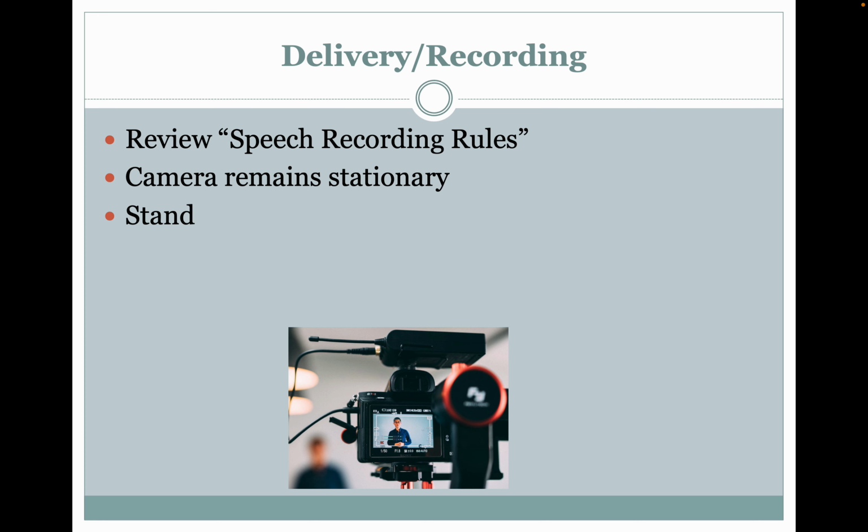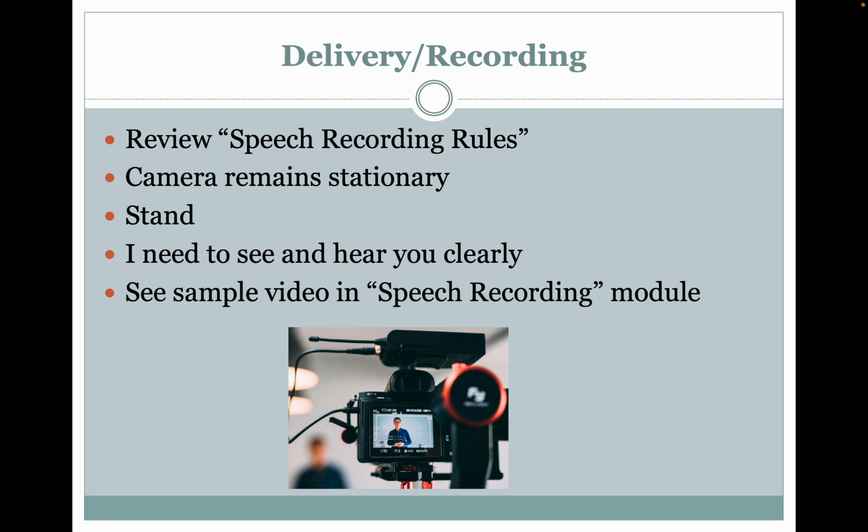And you need to stand back so that I can see your entire body. I would say 6 feet or more back from the camera. But I still need to be able to see and hear you clearly, so be sure to test your videos before you submit them, and make sure you're submitting a recording where I actually can see and actually can hear you. And again, see that sample video in the module I just showed you.